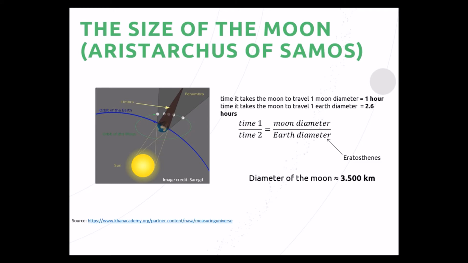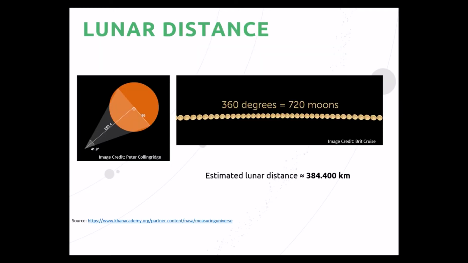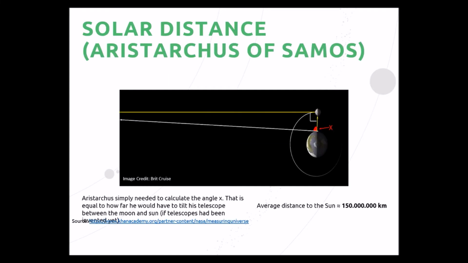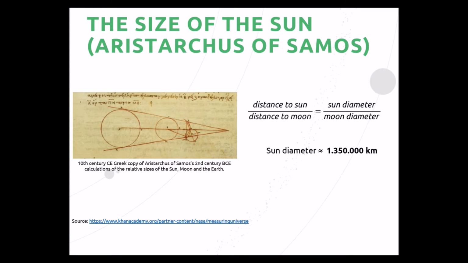We also have how Aristarchus of Samos measured the size of the moon, how you can calculate lunar distance, solar distance, and some others. So you can use these as inspiration to show your students that sometimes measurements like that could also be done through very simple tools. Although they might not be too accurate, they still have great value, and they can be a very nice demonstration that science can also be fun and simple.